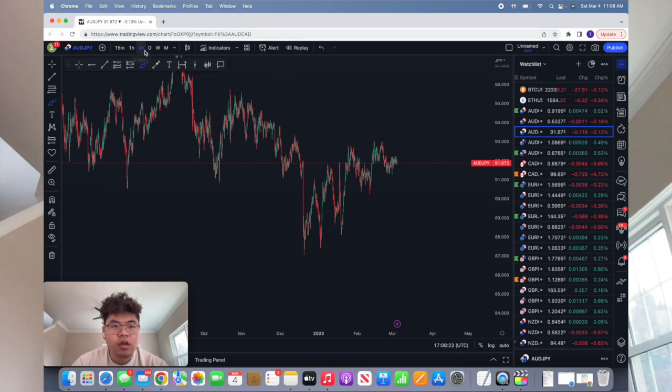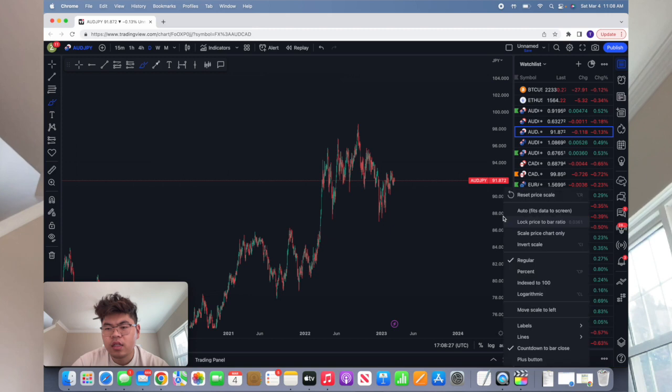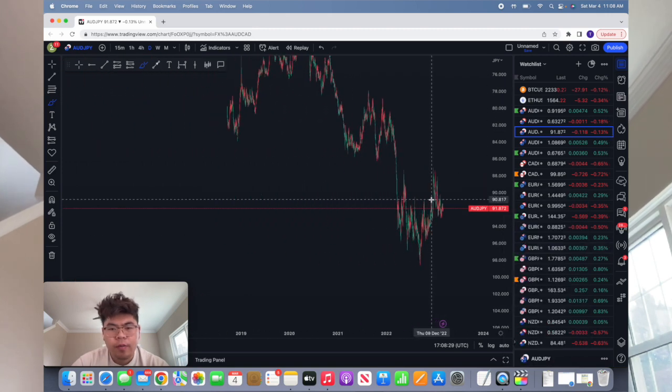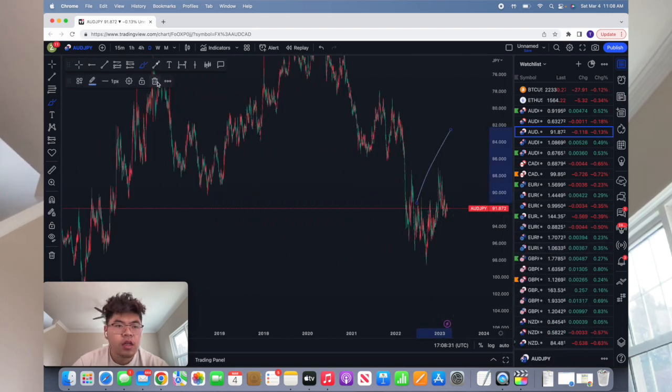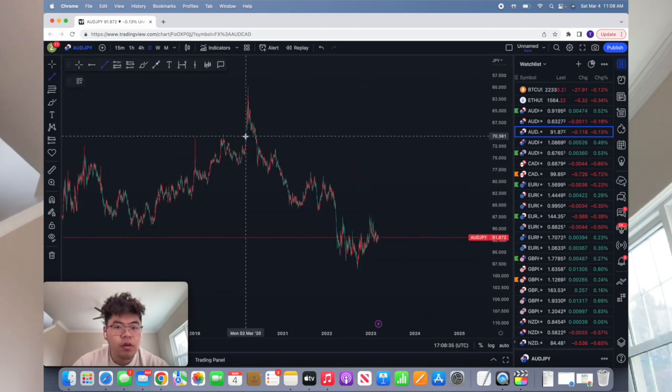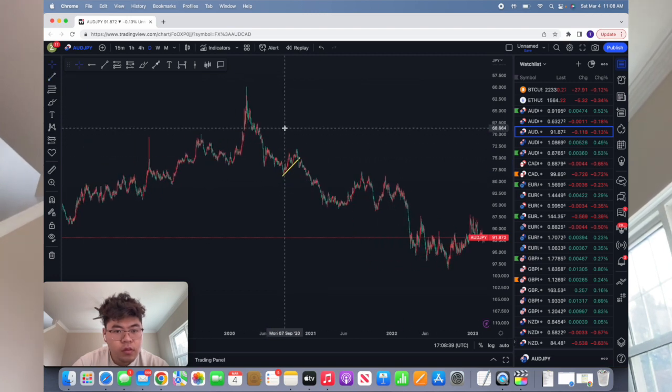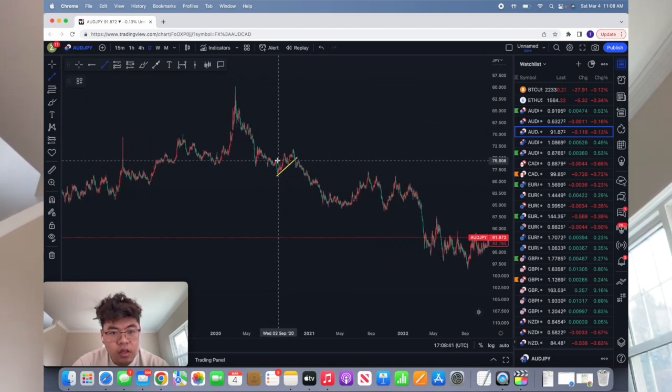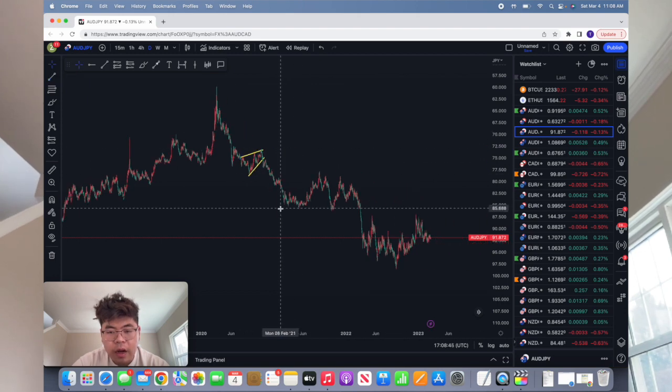If we look at AUD JPY on a high time scale, we can see it's actually going up, right? We can see this one right here, break of structure. It's actually a pretty good entry right here for buy opportunities.